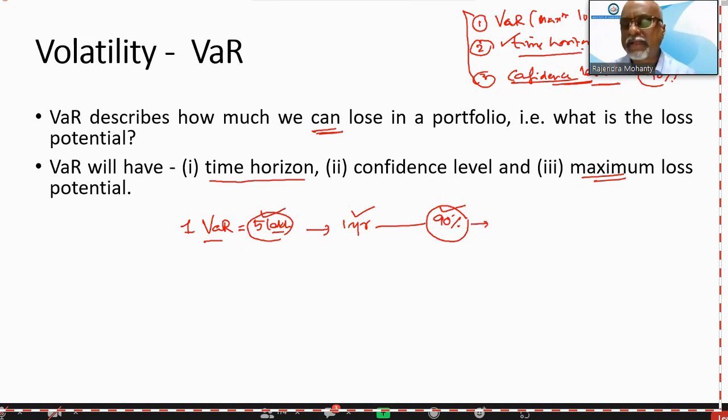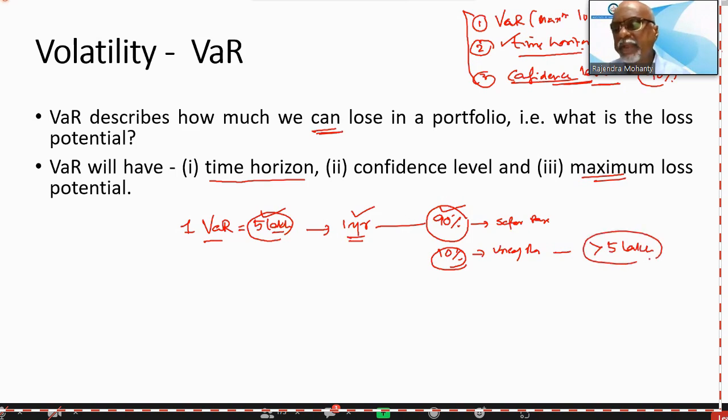So 90% is the safer range and 10% is the unsafe range. That means on 10% of the days in a year, my loss may exceed 5 lakh. It will cross 5 lakh. So that's why we should be worried about that and take care of that loss.